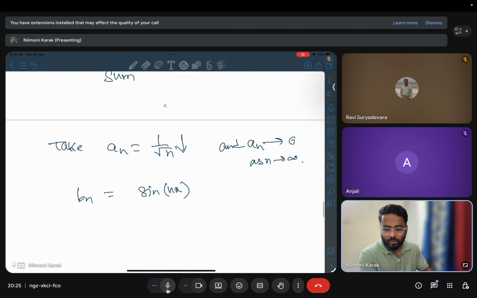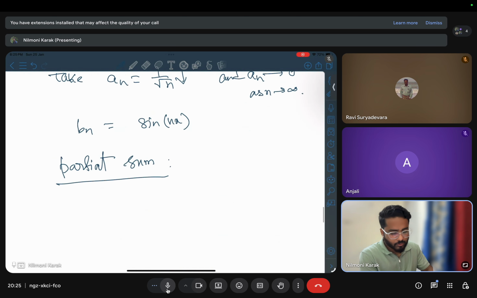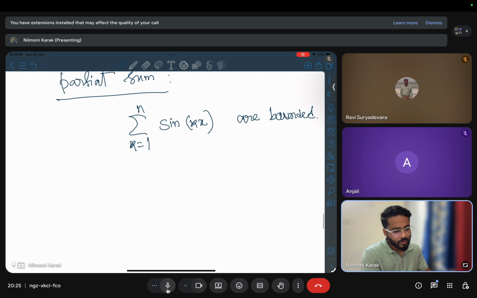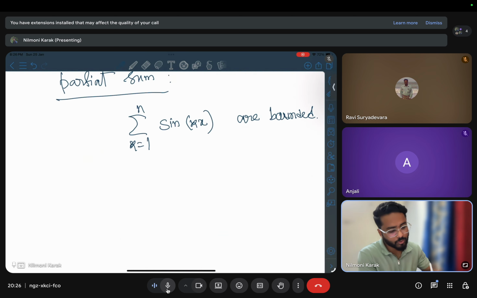You choose it, and the partial sum, the sum from k equals 1 to n of sin kx, is bounded. But why, for each point, is it bounded or not?